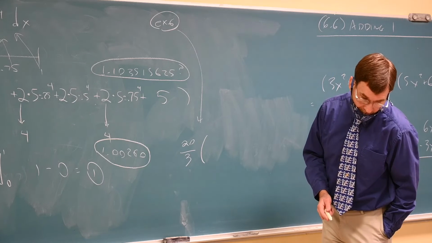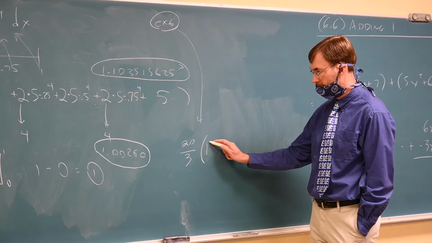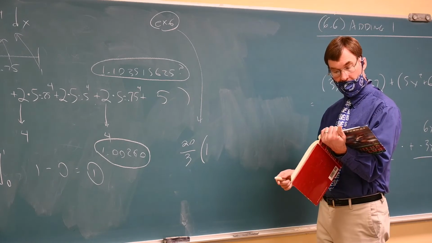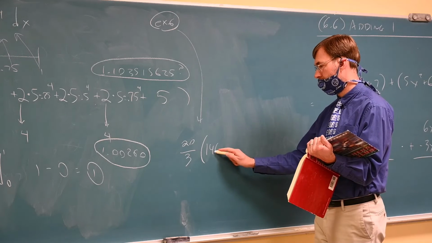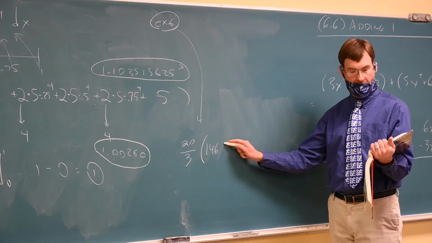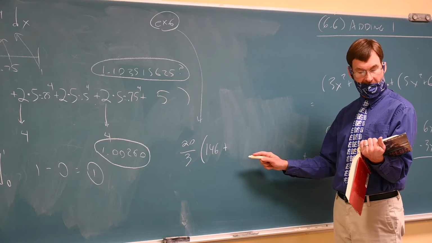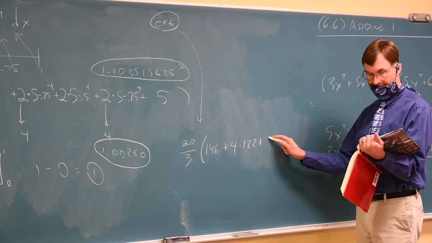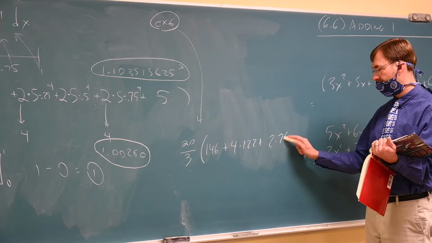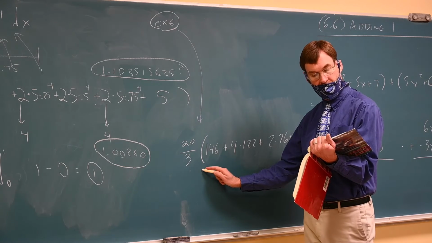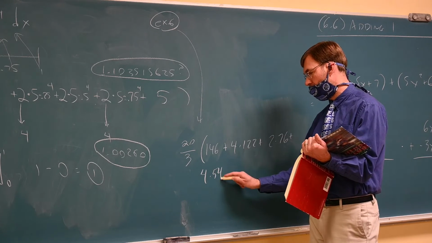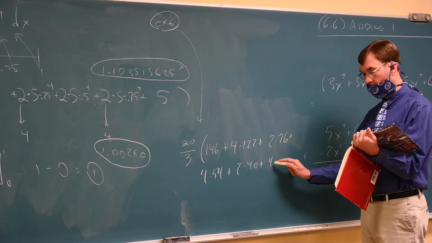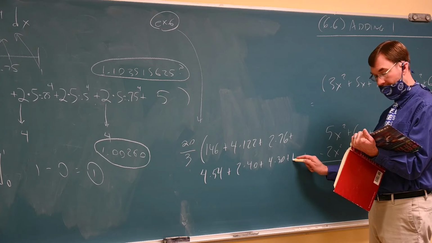And then we want to just add up a bunch of numbers. You'd want to add up the first one, 146. Do we adapt that first one? No. Plus an adaptation for the next: 4 times 123, 4 of the 122s, then 276, 2 of the 76s, then 4 of the 54s, then 2 40s, then 4 30s, and then a single 13.